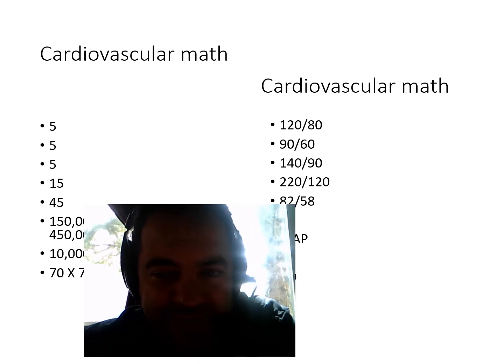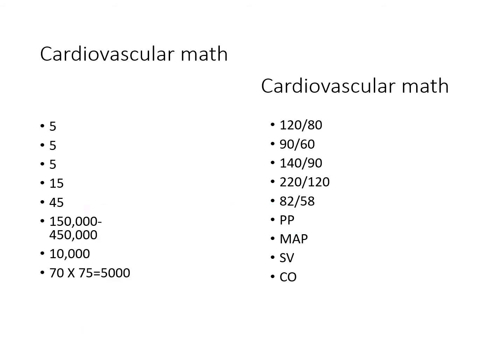Here's some cardiovascular math. What do these mean? Each one of these means something, and we should probably try to review these at some point. For example, this right here is a blood pressure that's usually considered near the bottom of normal. This traditionally was considered at the top of normal.